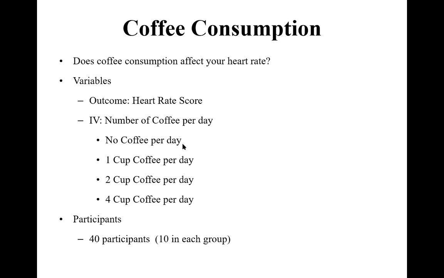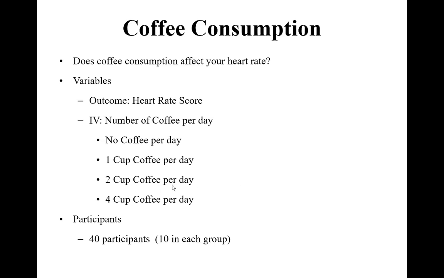Of the one group, it's a control group. We are not giving any treatment. We are not giving any coffee to this group, 10 people. We are simply measuring the heart rate score. And after 1 month, we are measuring the heart rate score of 10 participants who consumed 1 cup of coffee per day for the last 1 month.